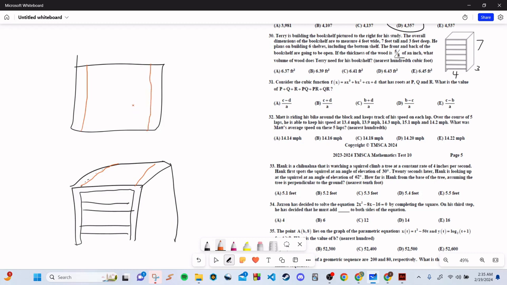So really what this shelf is, it's these 2 big magenta pieces, which have a length of 3, a width of 5/8 of an inch, so 5/8 over 12 feet, and a height of 7.